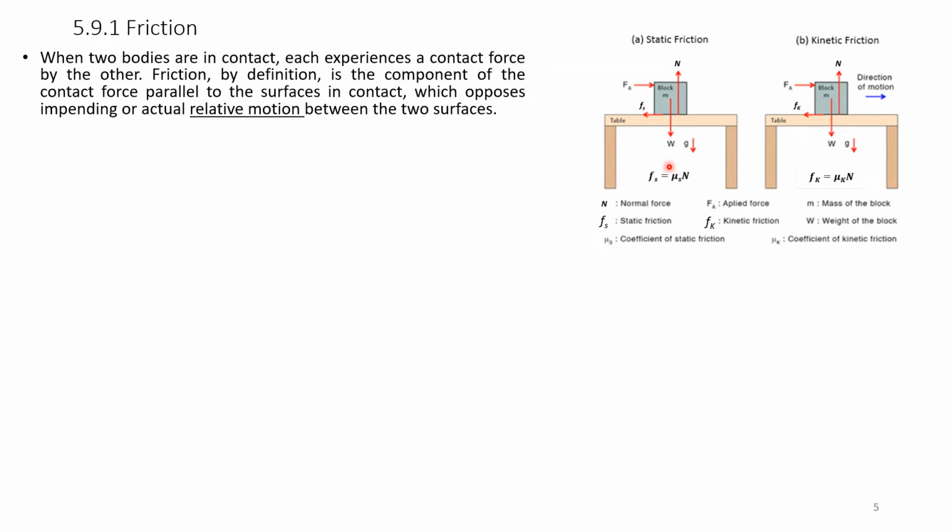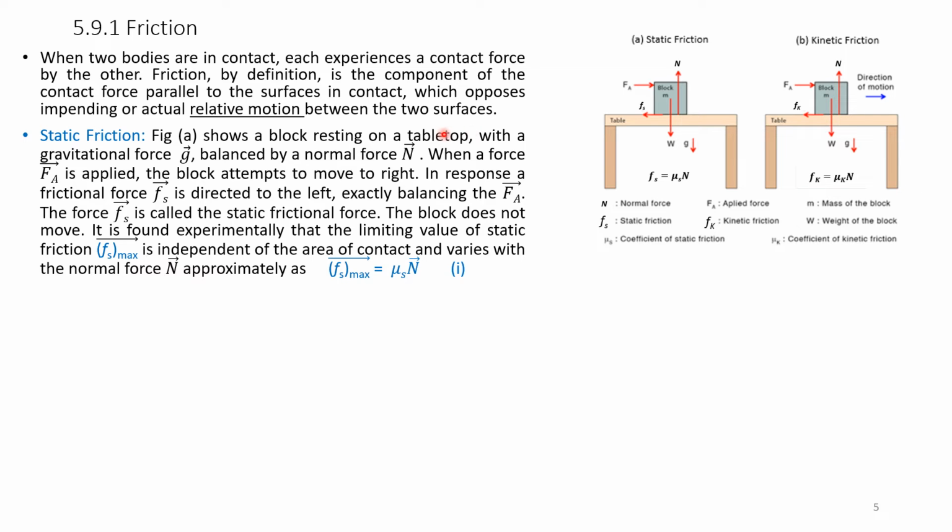The figure on the right hand side shows two types of friction. A is static friction and B is kinetic friction. Figure A shows a block resting on the tabletop with a gravitational force G downwards balanced by a normal force N. When a force Fa is applied as shown in the diagram, the block attempts to move towards the right.